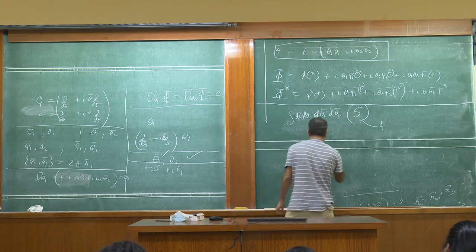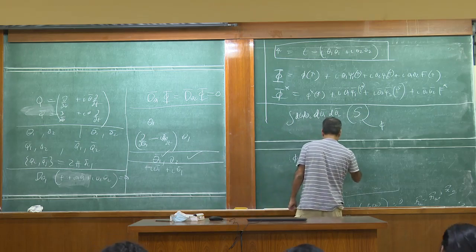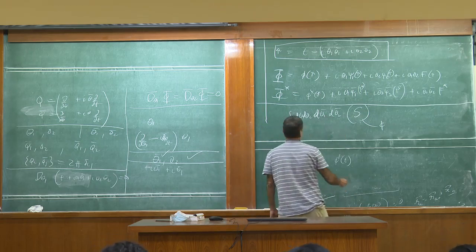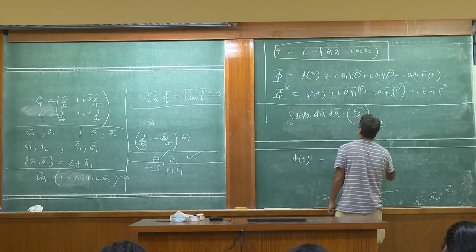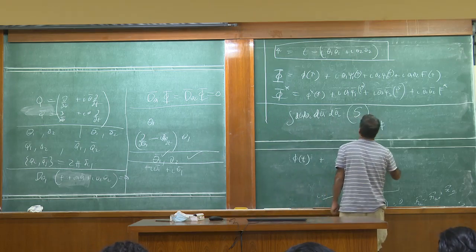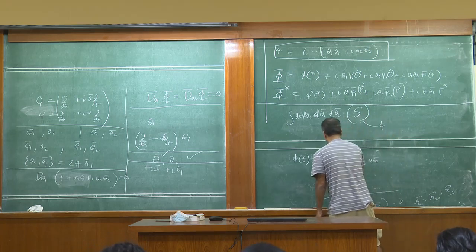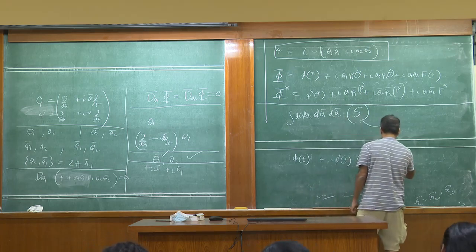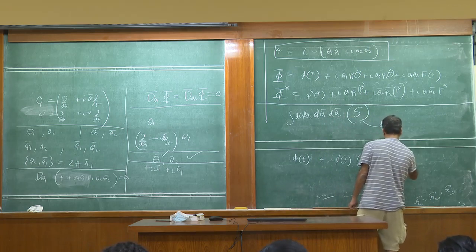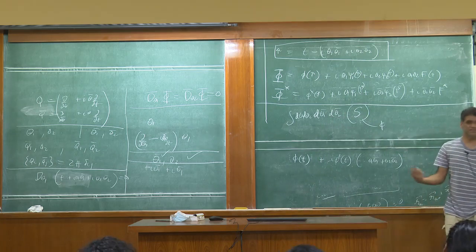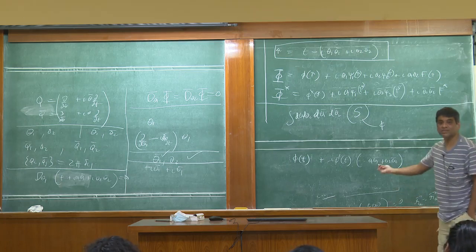Plus phi prime of t times minus I, let's take a minus I outside, theta 1 bar plus theta 2 bar. This also gives 0 because there are only 2 thetas and we need 4.